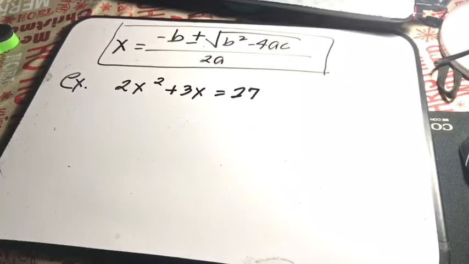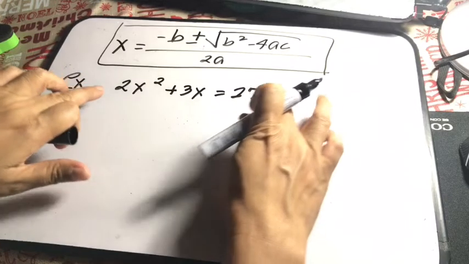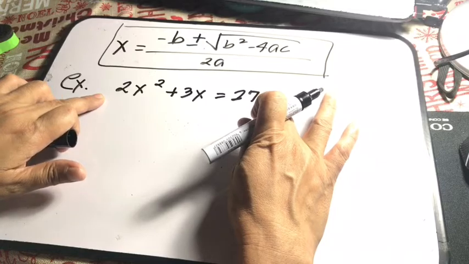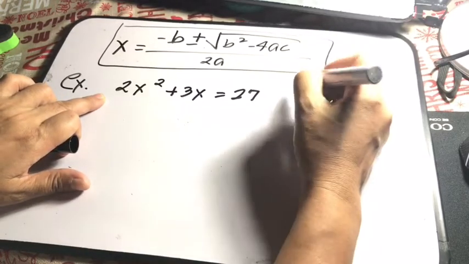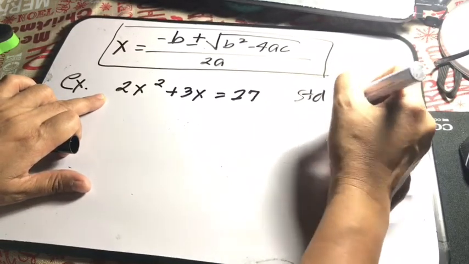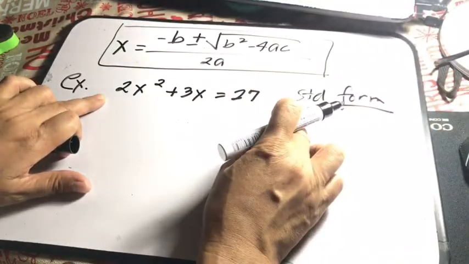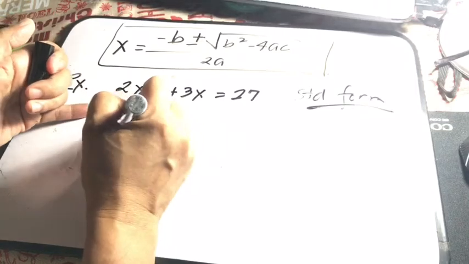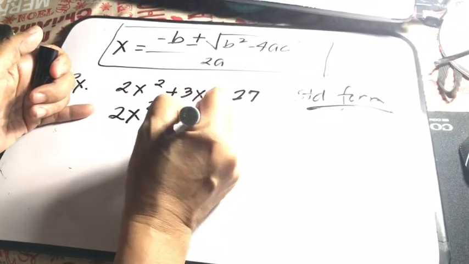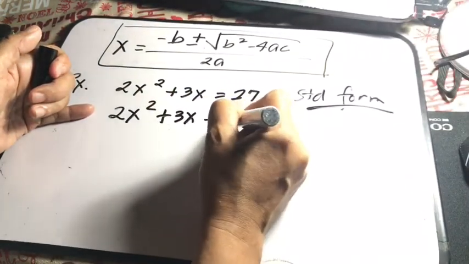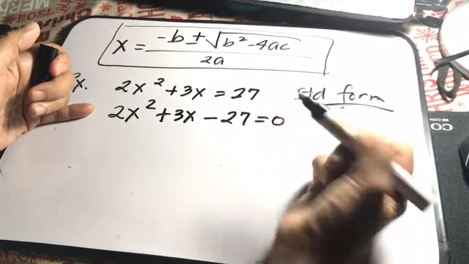Okay, so let us have an example. We have 2x squared plus 3x equals 27. So this is not expressed in standard form, so we need to express this in standard form. So we have 2x squared plus 3x minus 27 is equal to 0.